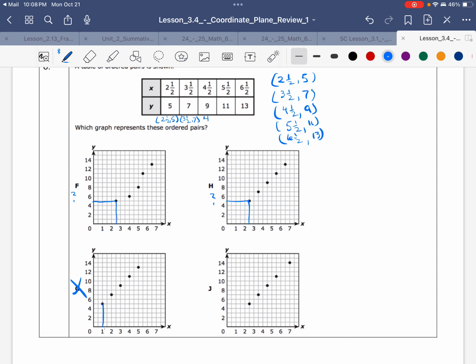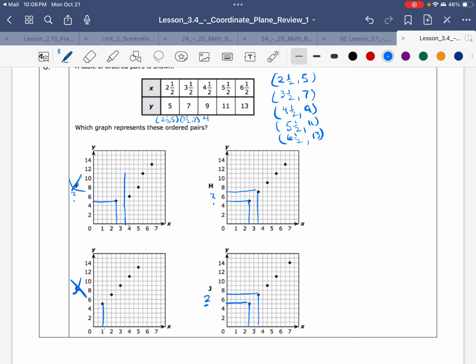And then we got 2.5 and 5. That one checks out. So we got 3 potentials. All right. So let's look. The next one is 3.5 and 7. So in between 3 and 4 would be 3.5. There is no point on this line, so that one's done. So in between 3 and 4, now we got one here, and it actually lines up with 7. That one's still in the running. 3.5 actually lines up with 7, also still in the running.